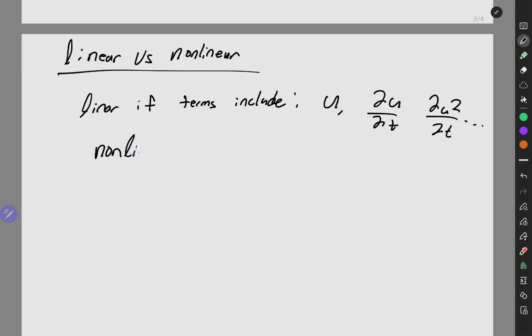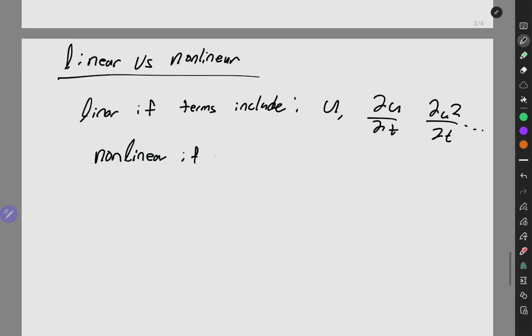Non-linear if terms include, one example would be something like this: u du dt, u du dt, second derivative.